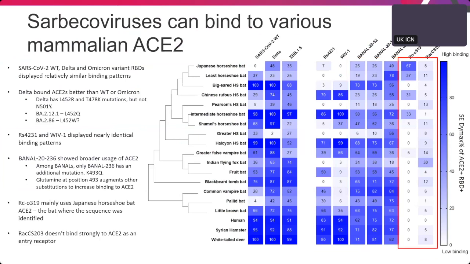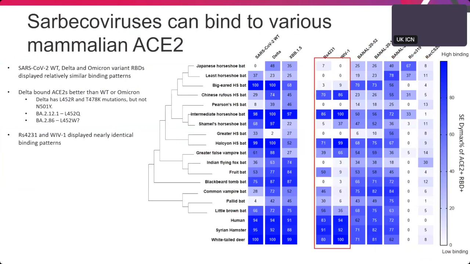Finally, RCO309 and REC-CS, as expected, showed poor binding to ACE2s, except for RCO309 showing binding with Lee's horseshoe, Chinese rufous, and intermediate horseshoe bat.